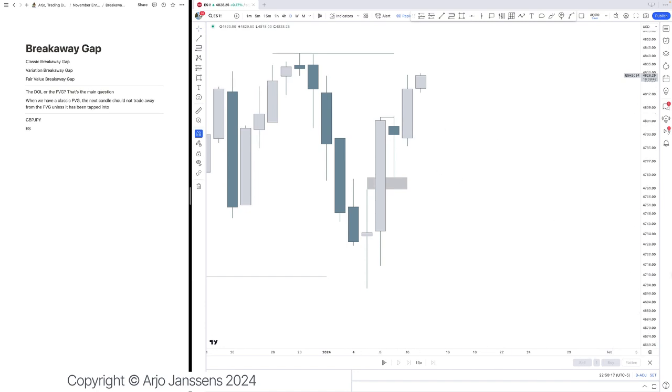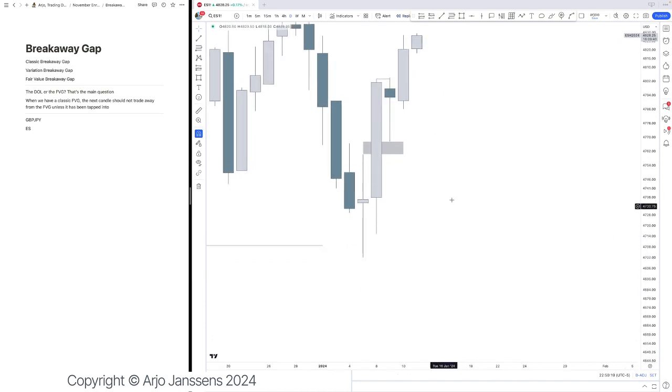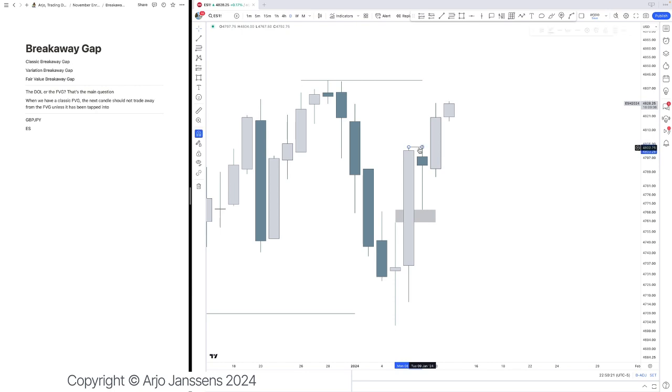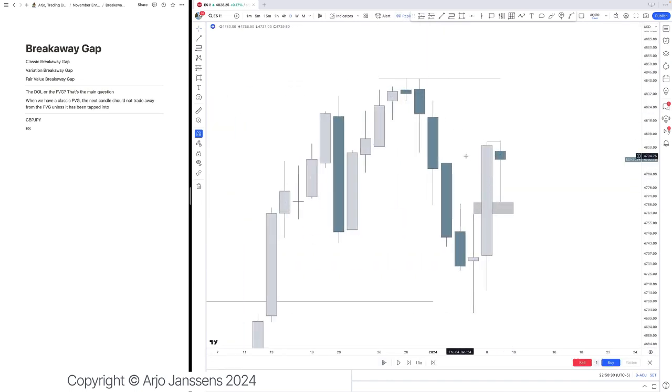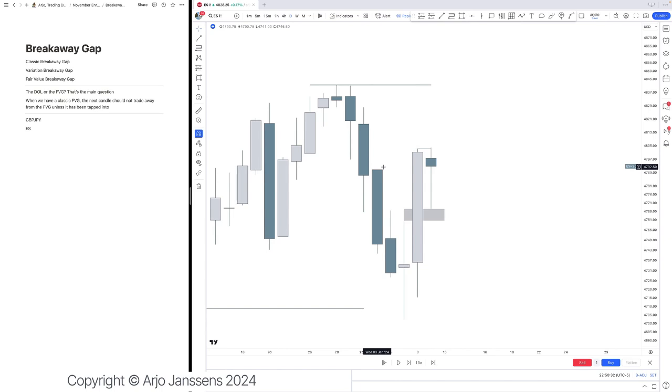And why is that? We are not closing, let me show you, we are not closing above that expansion phase candle high right there. So in the first instance, if people are too mechanical, and this is also why I don't want to rant too much or go off topic, but this is also why I mention a lot of times our trading plan is 80% mechanical, 20% intuition and experience.